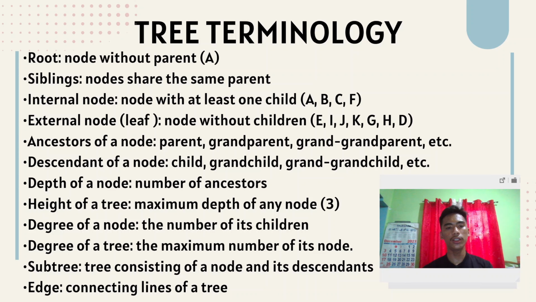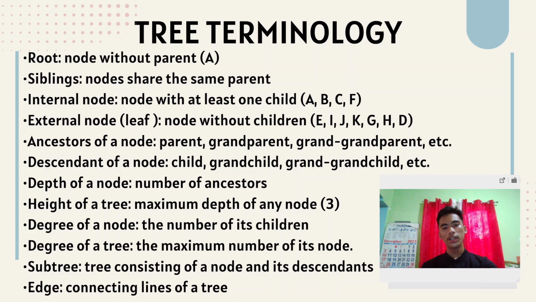So the next is internal node, a node with at least one child: A, B, C, and F. An internal node is a node that has at least one child node. A, B, C, and F are internal nodes in this context.